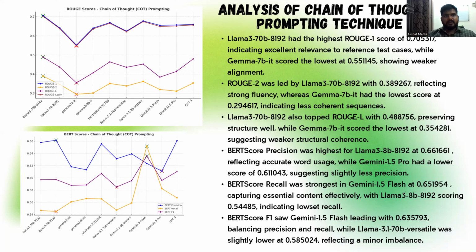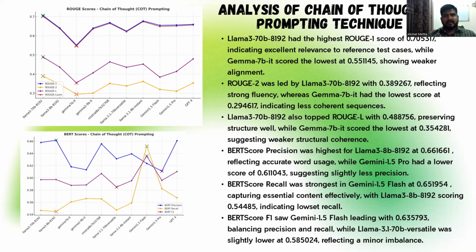For the BERT score, Llama 3 8 billion 8192 led in precision with 0.4661661, while Gemini 1.5 had a lower precision at 0.611043. BERT score recall was the highest for the Gemini 1.5 Flash at 0.651954, while Llama 3 8 billion 8192 scored the lowest at 0.54485.